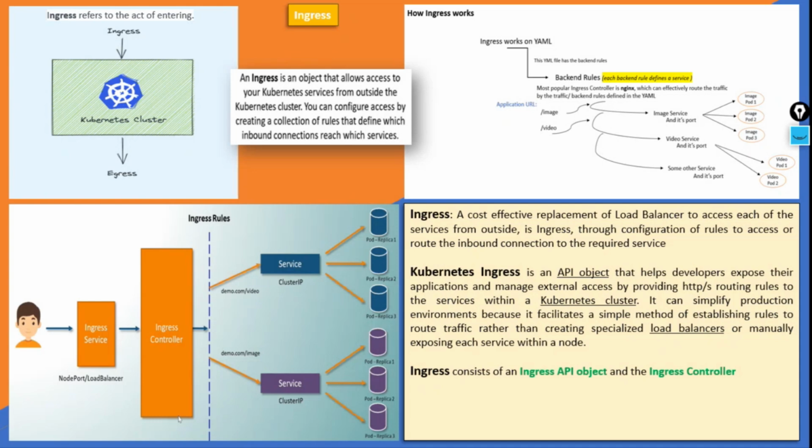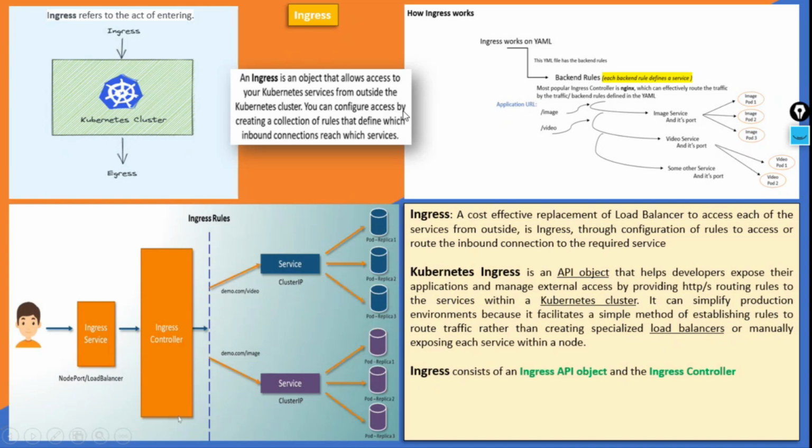If you obey, or go by that particular rule, then you can reach your service. So I am creating an ingress object, which is a collection of rules to access your Kubernetes cluster.